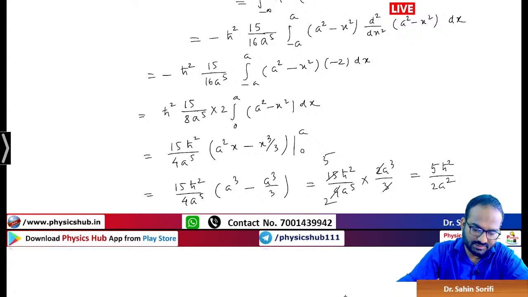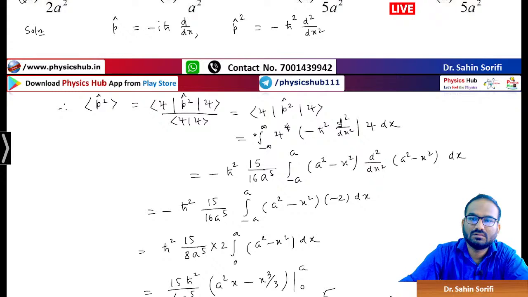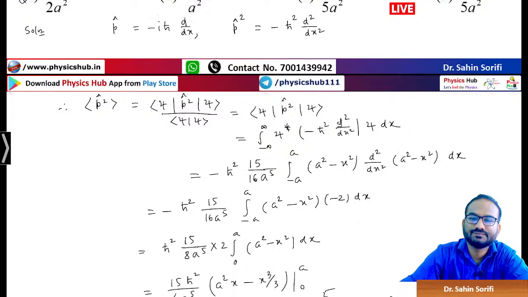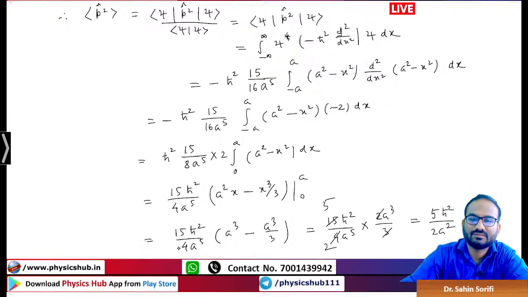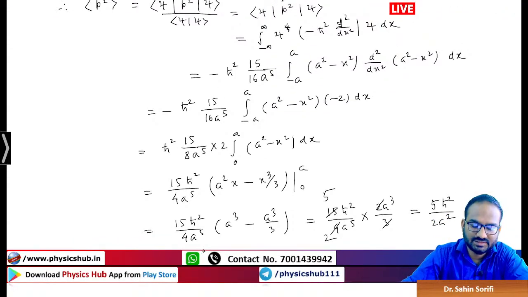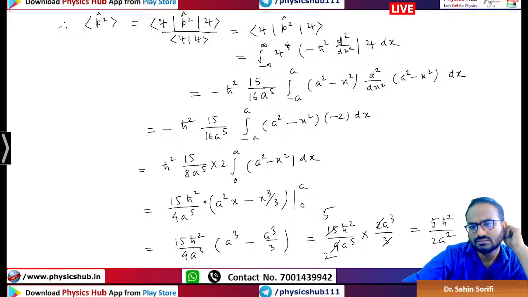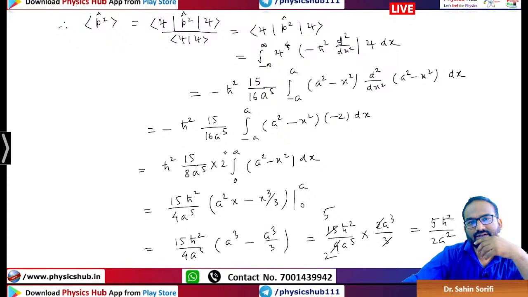So that 16 is to be written in the denominator, yes, 4 into 4 is 16, 2 and 16 is 8, 2 and 8 is 4. Is it clear now? Fifth step, 1 2 3 4 fifth, this one, this 16 is becoming 8 now.